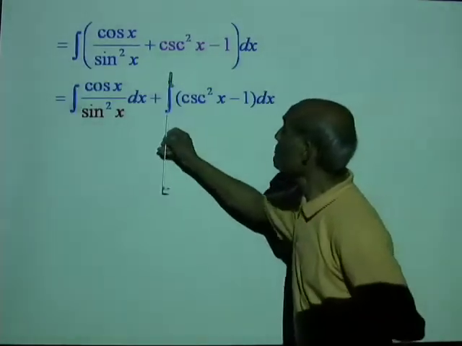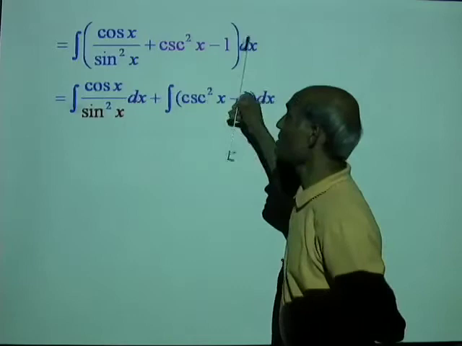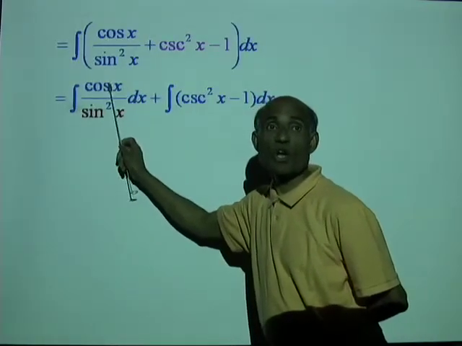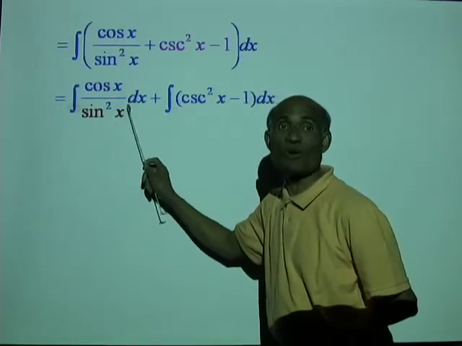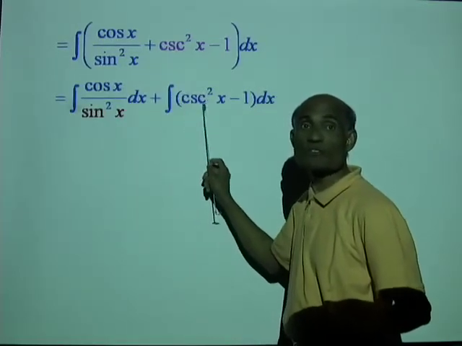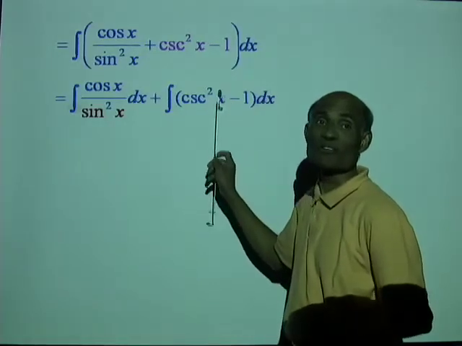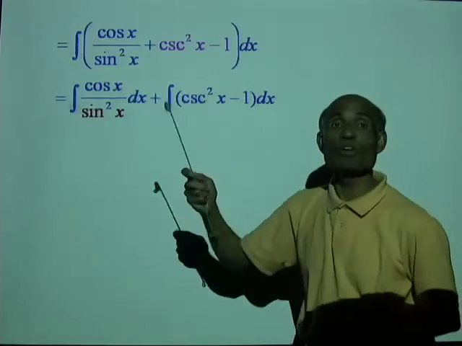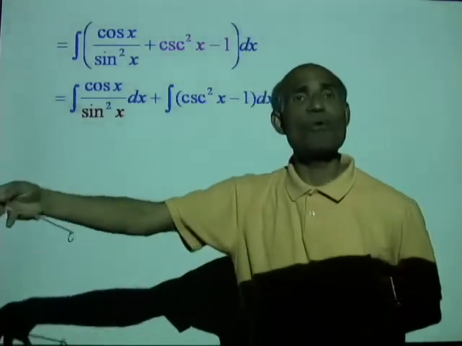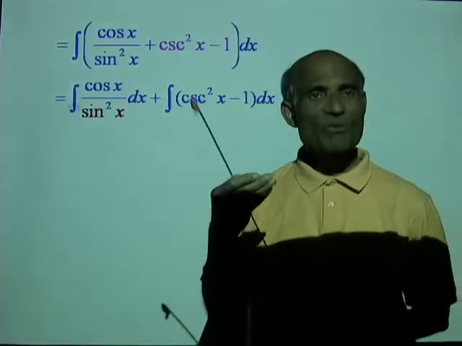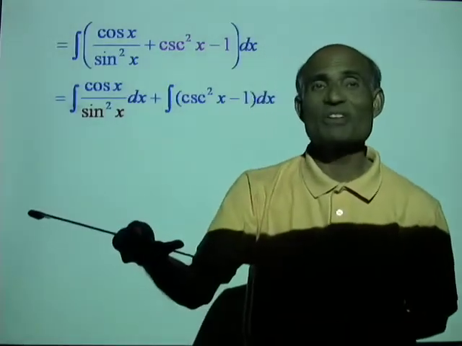Well, now split this into two different integrals. Now the left one is integral cos x over sine squared x dx plus integral cosecant squared x minus 1 dx. Now this is something we can integrate. We know what integral cosecant squared x is. Do you know? What is the derivative of cot x, cotangent x?